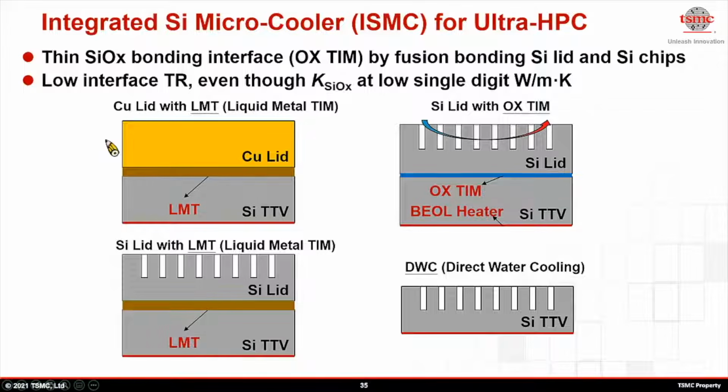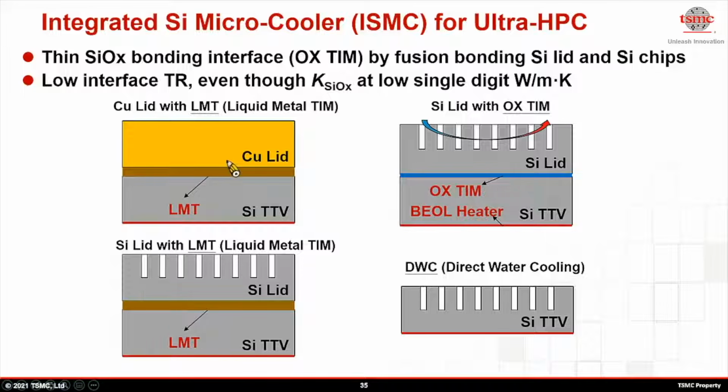We first show illustration of conventional approach at upper left corner with liquid metal TIM located between silicon TTV, that stands for silicon thermal test vehicle. In fact, that means that is SoC, and copper lid.